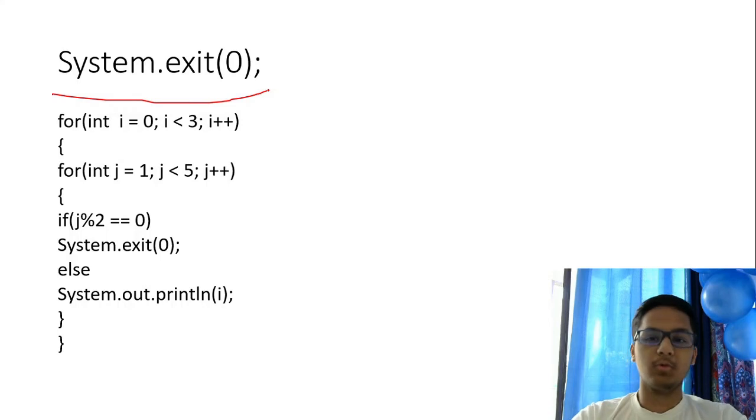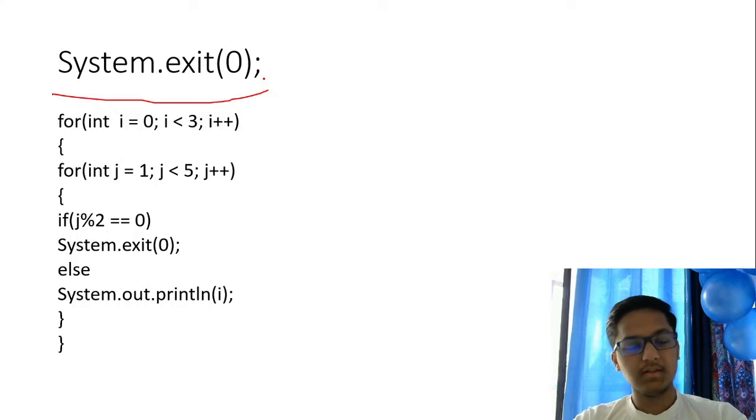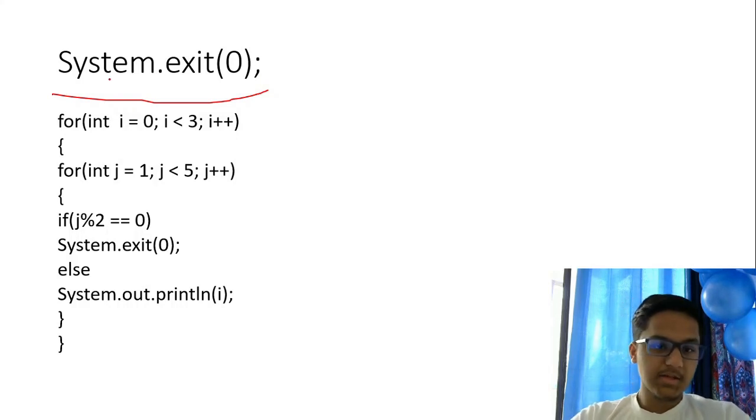It exits from the whole program. So whenever this statement is encountered inside a program, the whole program terminates. If break was encountered in a loop, then the loop was terminated. But if System.exit is encountered anywhere, in a loop, in a general statement, in an if statement, the entire program gets terminated. So the program stops then and there.